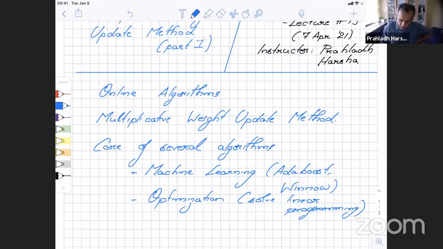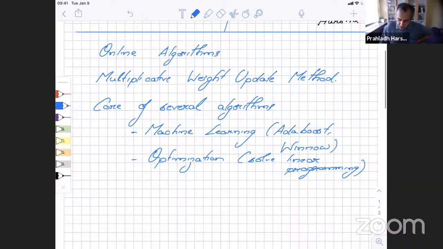The TCS community, the algorithms community, had come up with this also to give faster algorithms. It's a different take on optimization: faster algorithms for LPs, SDPs.